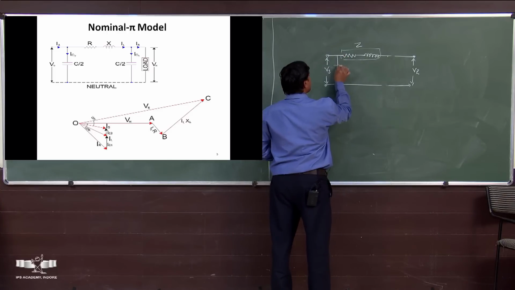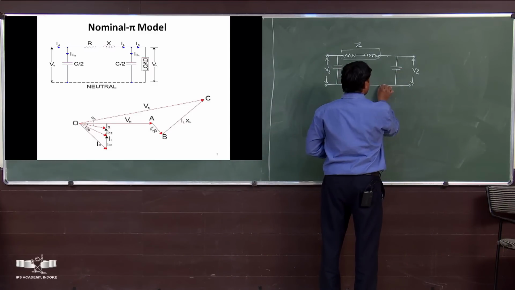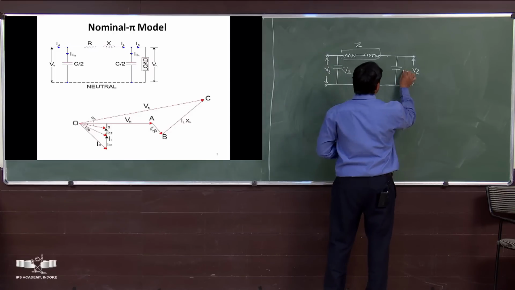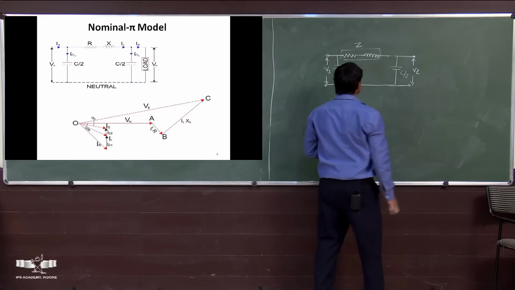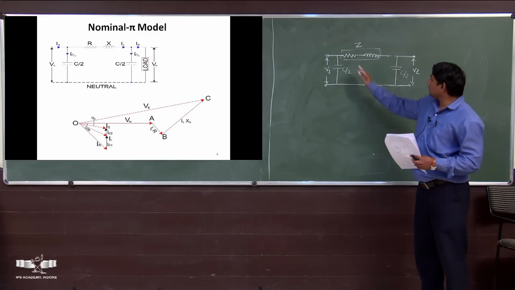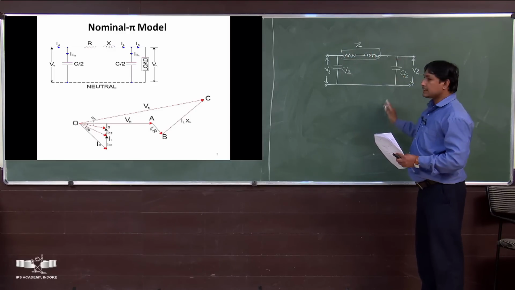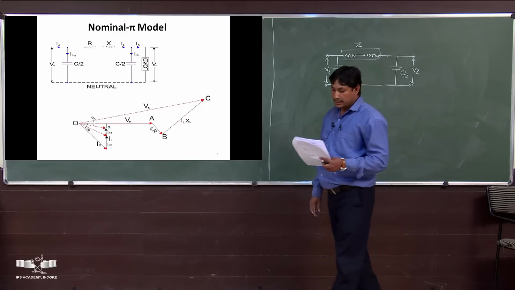One part is connected near the sending end and the other capacitance is connected near the receiving end. So, here is the series line impedance and this is the shunt capacitance of the whole length of the line.